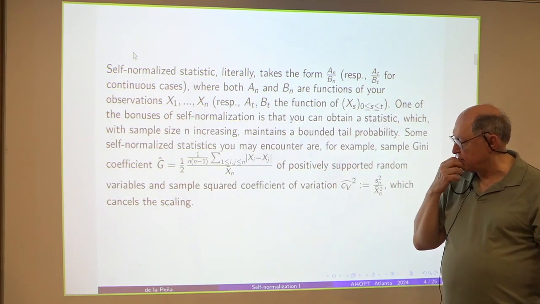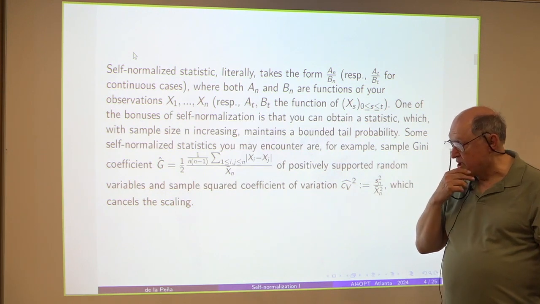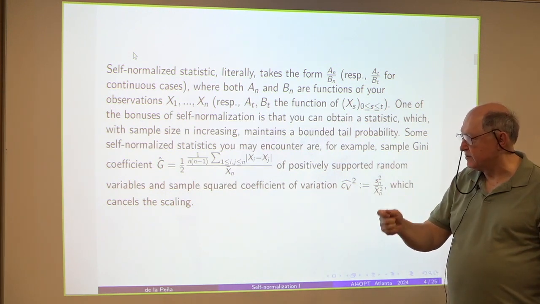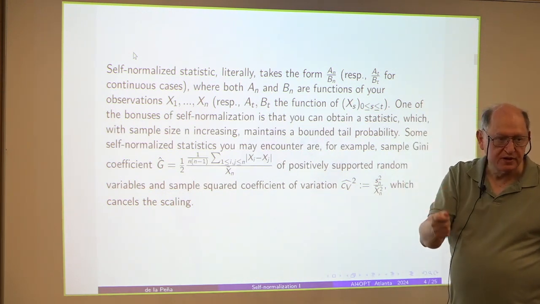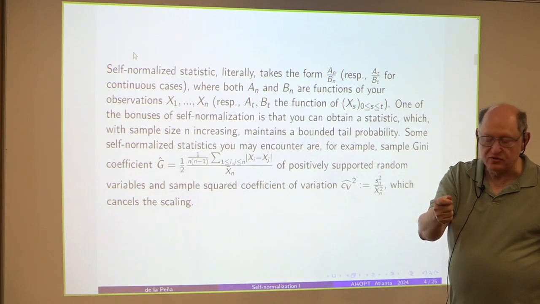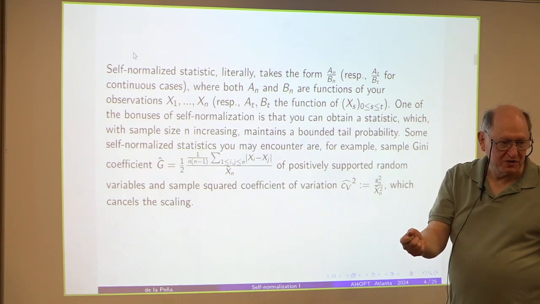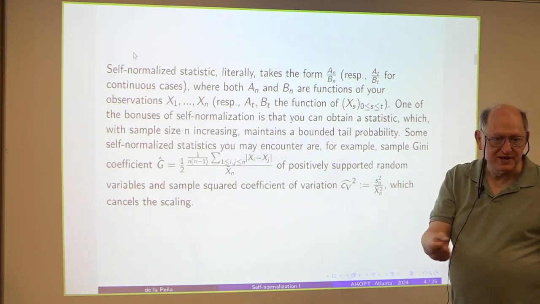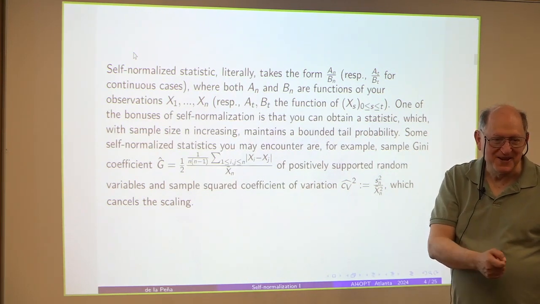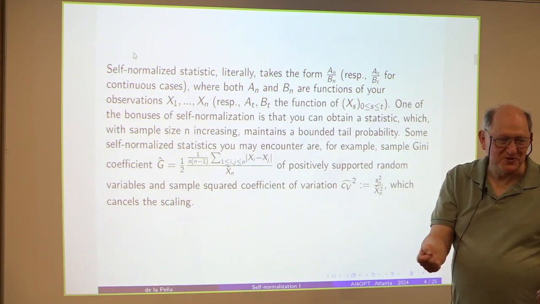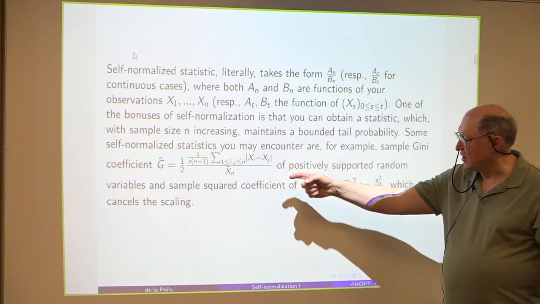Every year the World Bank publishes a list of countries, and they list which one is more equal and which one is more unequal. This is a political thing. If you're equal, that's good. If you're unequal, that's not good.